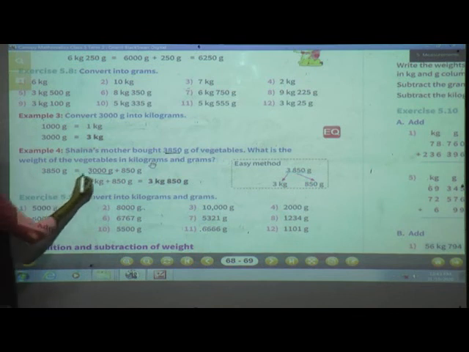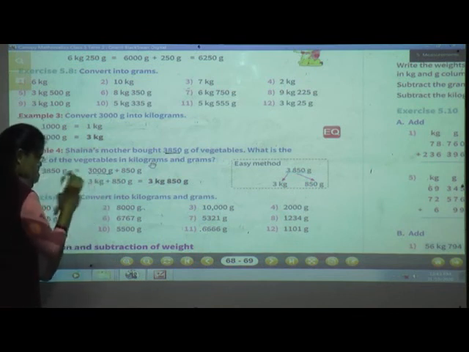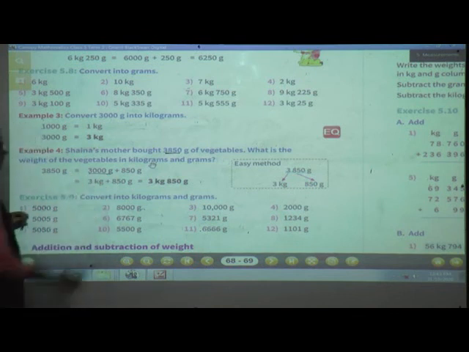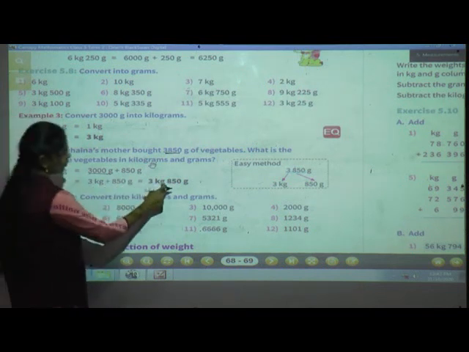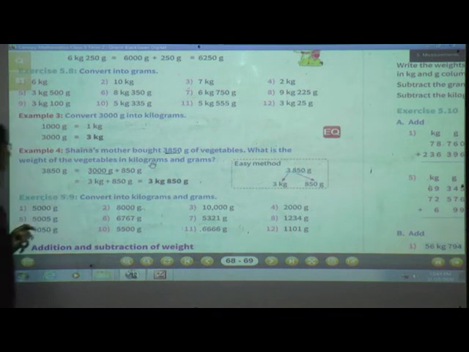So 3000 gram means 3 kilogram plus 850 gram means 3 kilogram 850 gram. So 3850 gram is equal to 3 kg 850 gram.